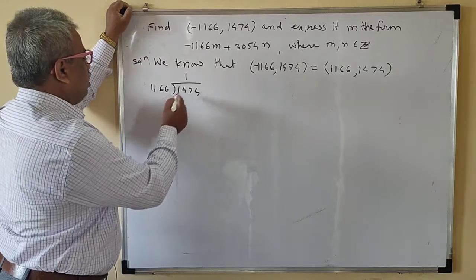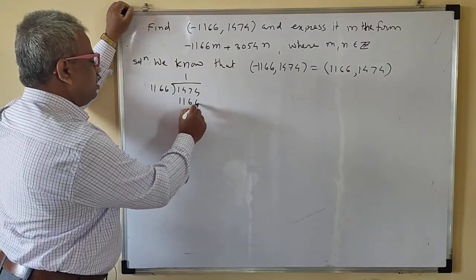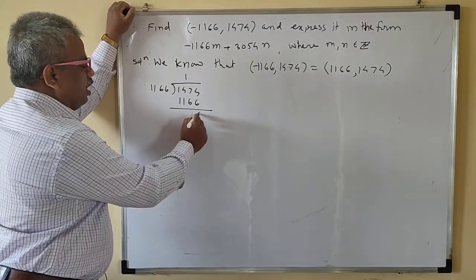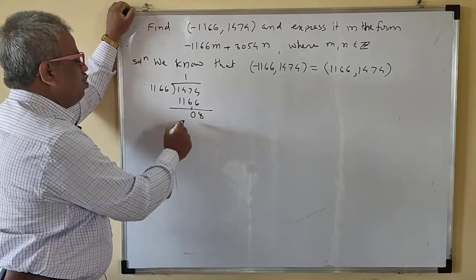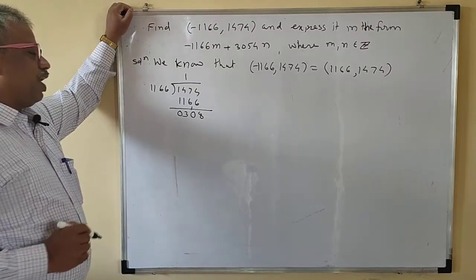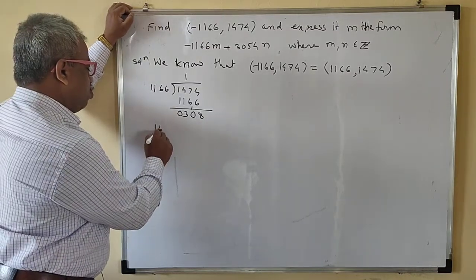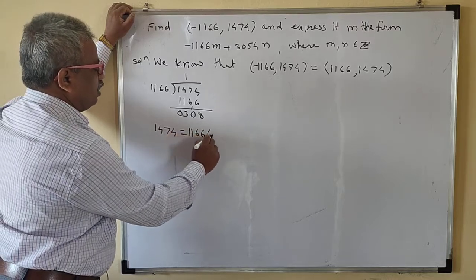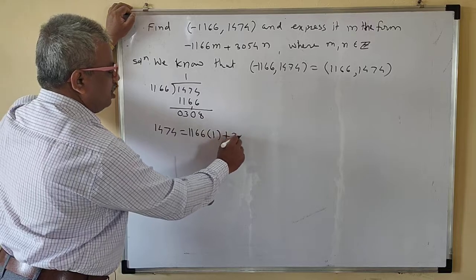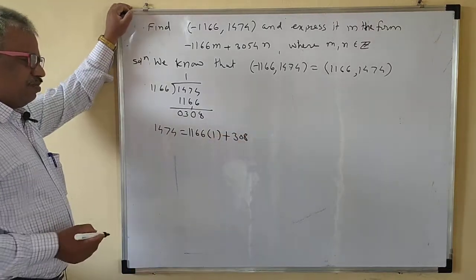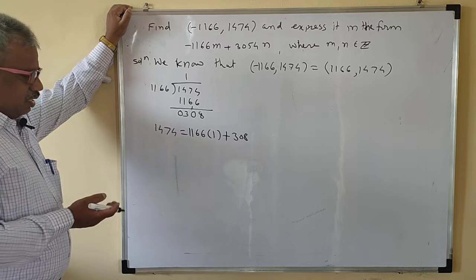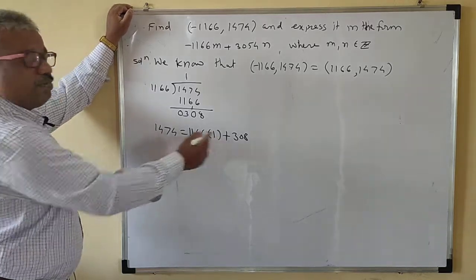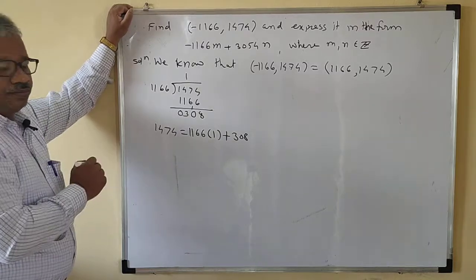So the quotient is 1, this is 1166, and the remainder is 308. So I write 1474 is equal to 1166 into 1 plus 308. No need to write the quotient number separately, because in the last problem we have seen that those numbers are useless. Only you have to write this. This is very important.